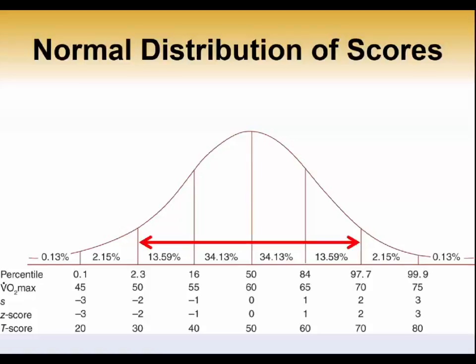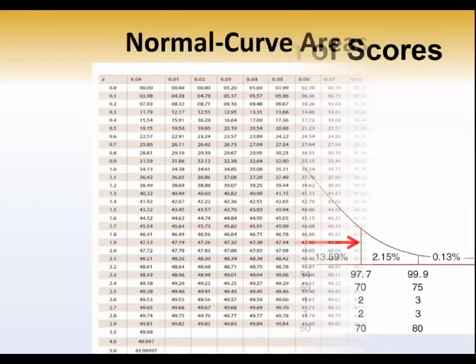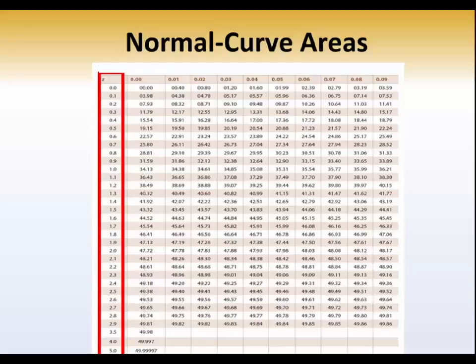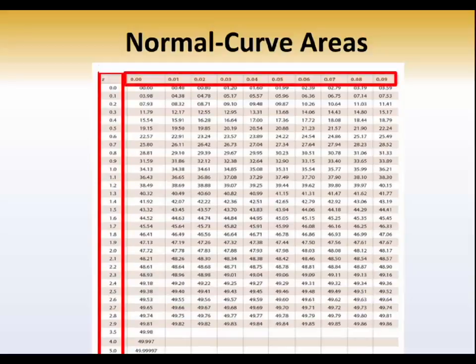Importantly, tables have been developed that help us identify percentages of observations under the normal distribution. That's illustrated in what's called the normal curve table, or a z-table. Notice that down the left-hand side there are z-scores in whole numbers and tenths, and across the top are z-scores in hundredths.